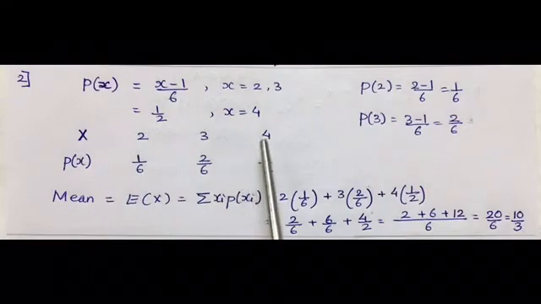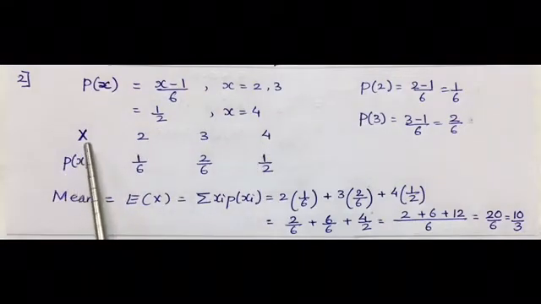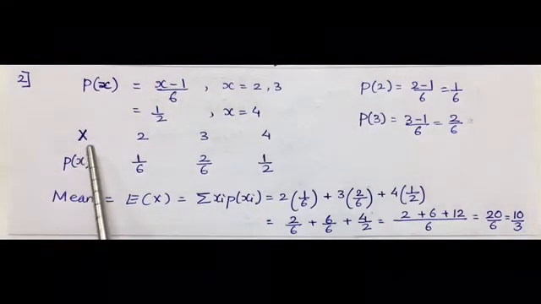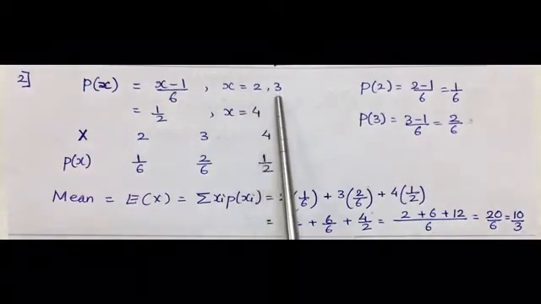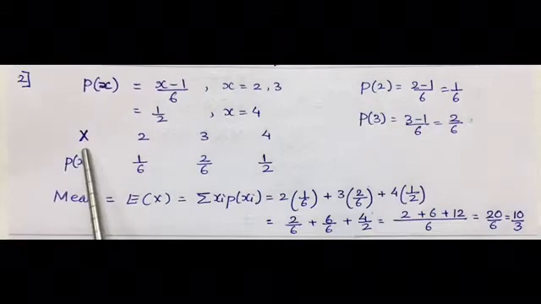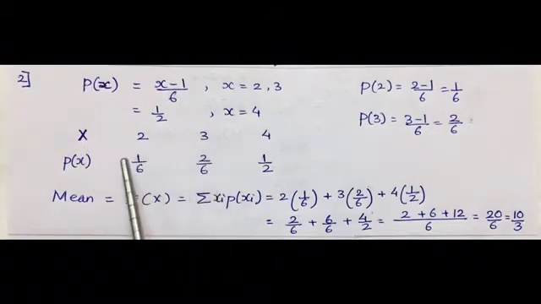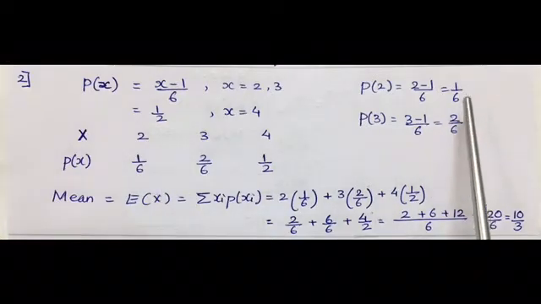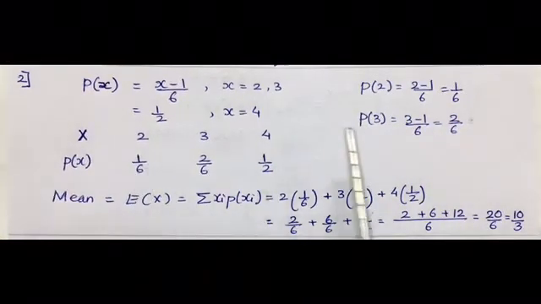Now we will just make this table of the variable x, which takes the value 2, 3 and 4. So 2, 3 and 4 is written in the x. Now probability of 2 is calculated as 1 by 6, that is being written here.